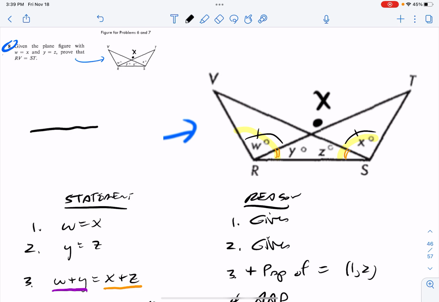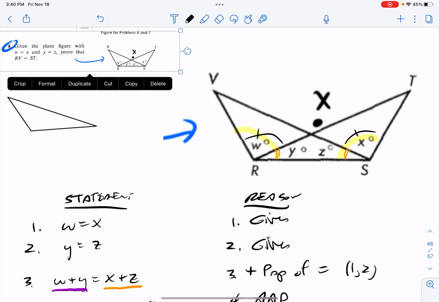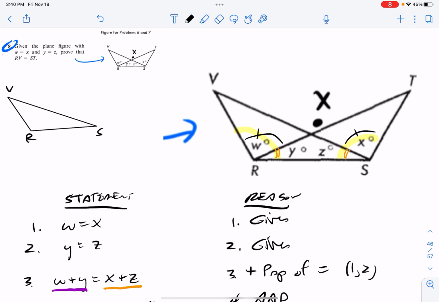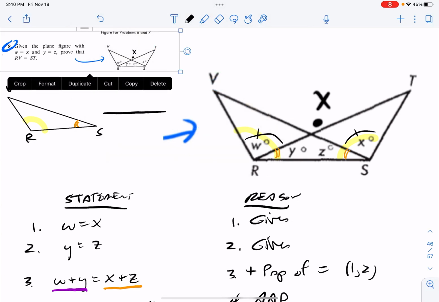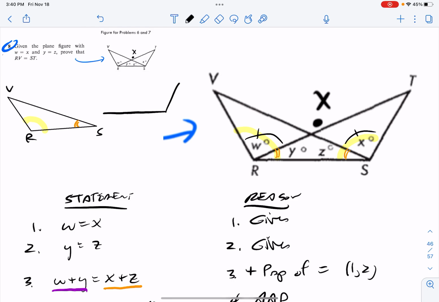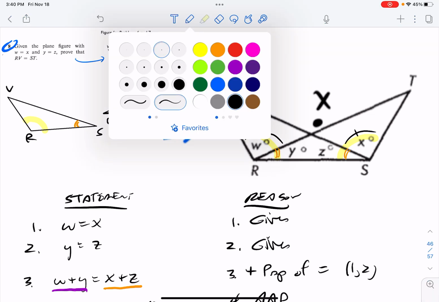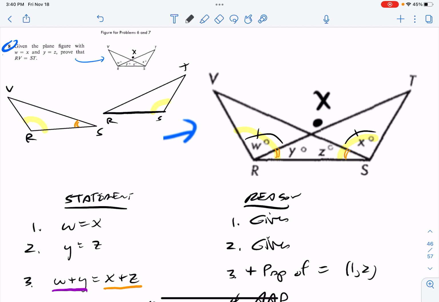If I pull off triangle VRS, I have this angle marked, but also this angle marked. If I pull out triangle RST, I have this angle marked and this angle marked.